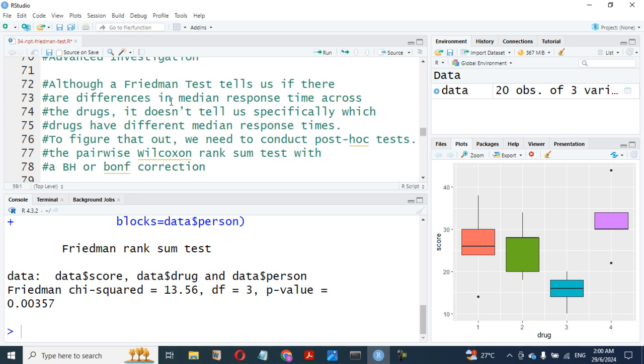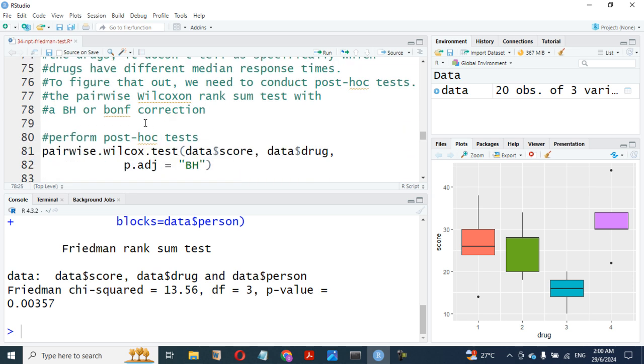We don't know. So to figure that out, we need to conduct post hoc tests. The pairwise Wilcoxon rank sum test, which we have done before. We can use either Benjamini-Hochberg or Bonferroni adjustment for the p-value. We perform the post hoc test here. We call pairwise.wilcox.test.